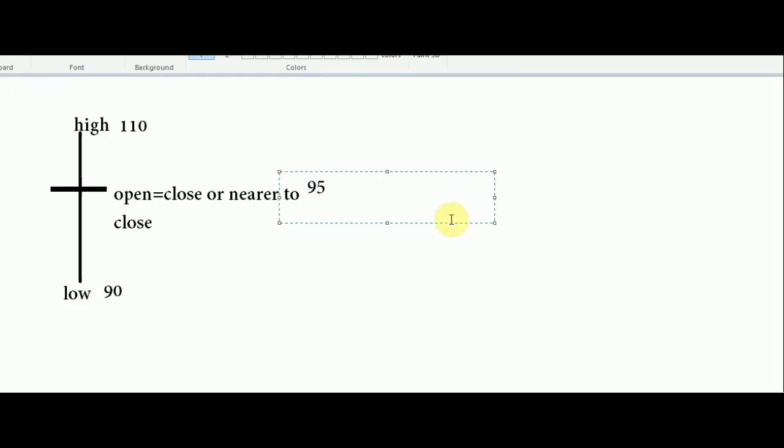And the close is maybe around 94.5, 95. Sometimes it can be 95.5, it can be 96, it can be 94, something like that. That means the closing point is nearer to the open, or you can say the opening point is nearer to close. Clear? So let me just share the story with you.